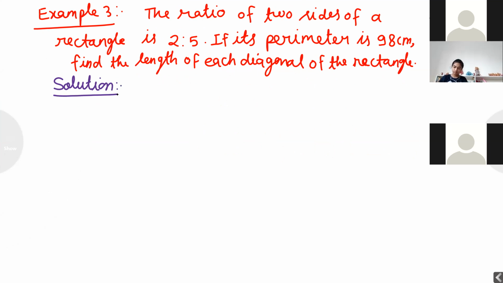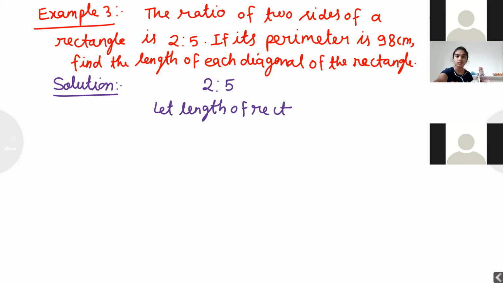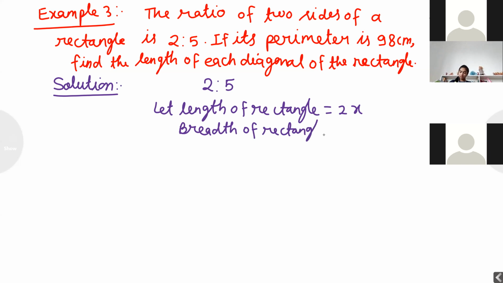The ratio of two sides of rectangle is 2:5. Means he has given the ratio 2:5. I can assume let length of rectangle is equal to 2x, breadth of rectangle is equal to 5x.